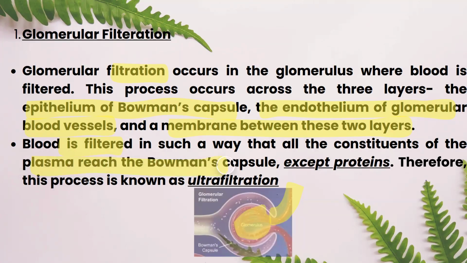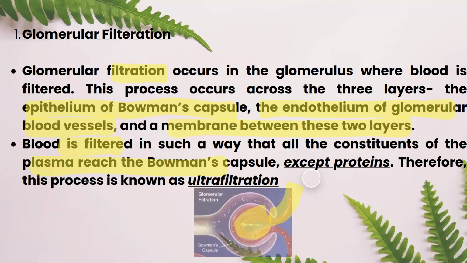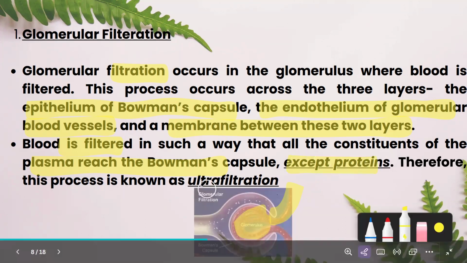And here we have to remember that the filtrate formed in the glomerulus will contain all the components of the food, even the glucose, salt, water, and everything except proteins. Therefore, we can call this process ultrafiltration.